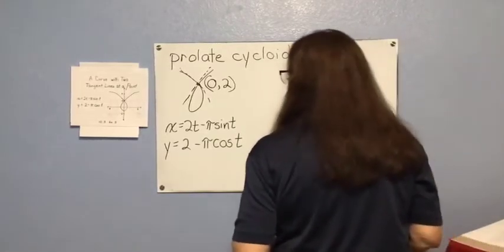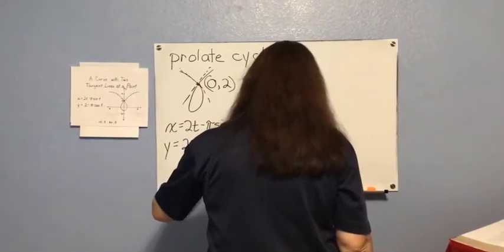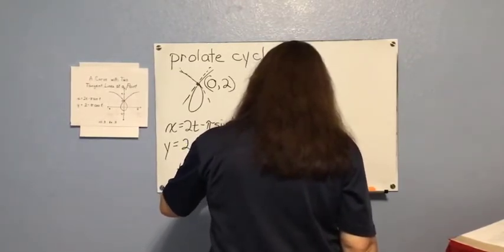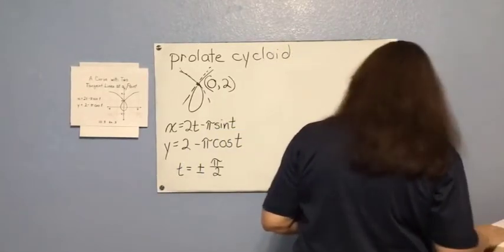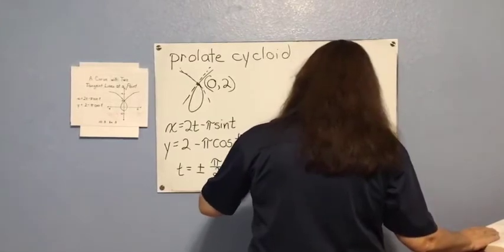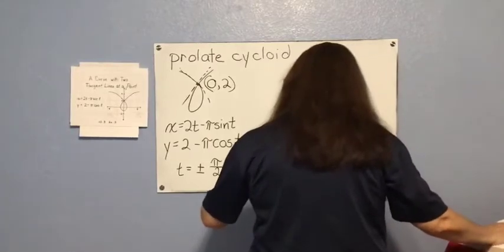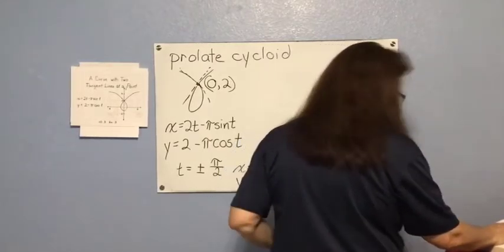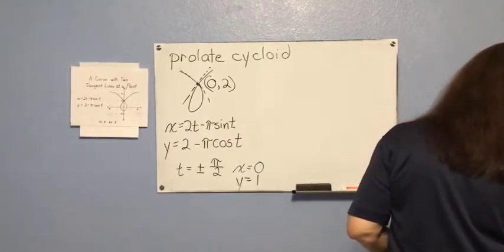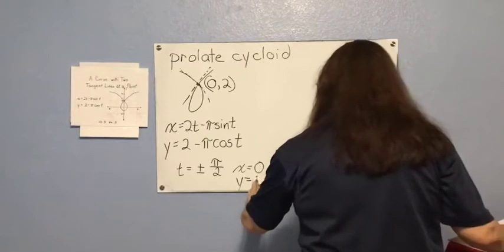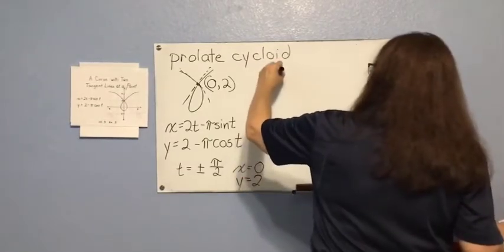Okay, so when t equals positive or negative pi over 2, x equals 0, and y is equal to 1. I'm sorry, y is equal to 2 because we multiplied by 2. Okay, so now let's find dy dx.